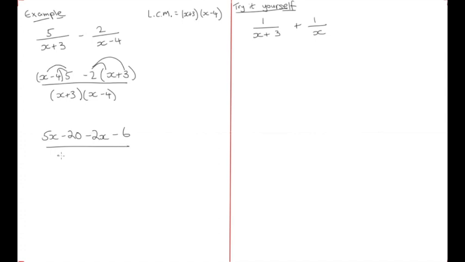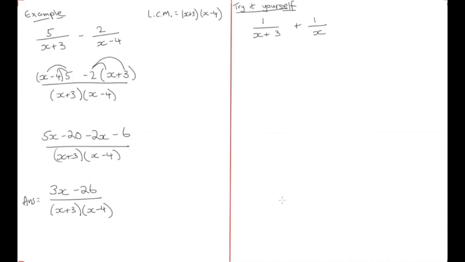And that is over the bracket x plus 3 bracket x minus 4. And then we just tidy this up. 5x minus 2x is 3x. Minus 20 minus 6 is minus 26. And then we put that over again, x plus 3, x minus 4. And that's it, that's our answer.